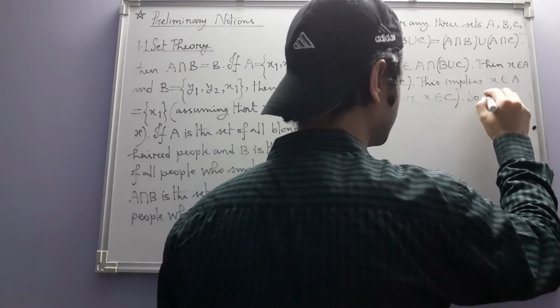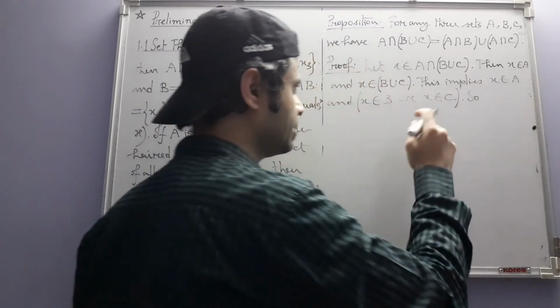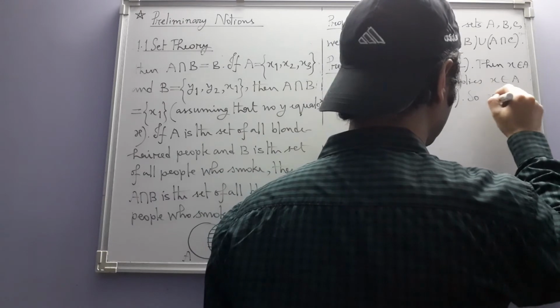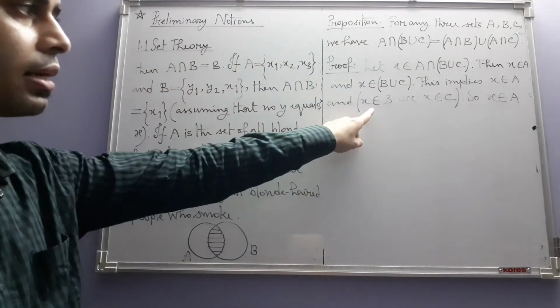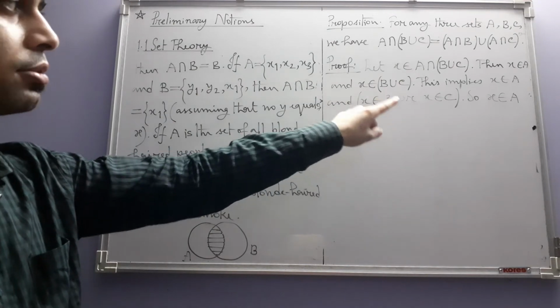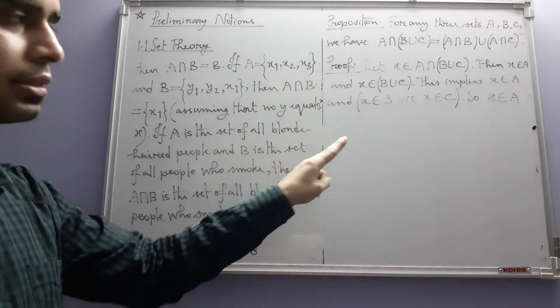So we can write this whole thing like this. X is in any case belonging to A, whether X belongs to B or C. So there are two cases, actually three cases.